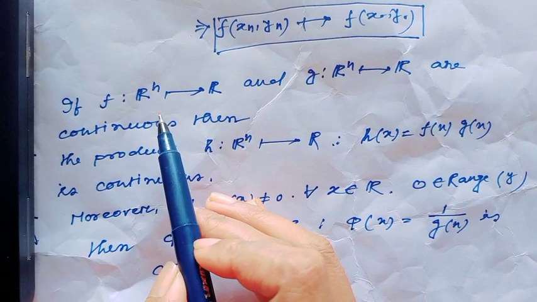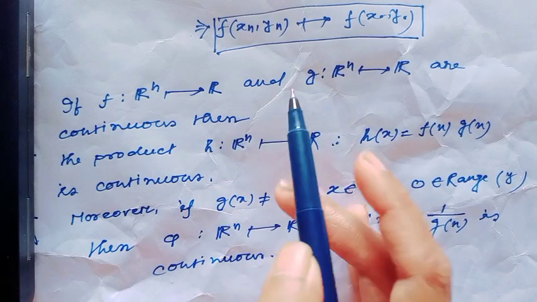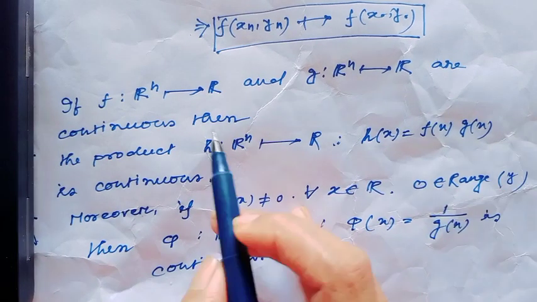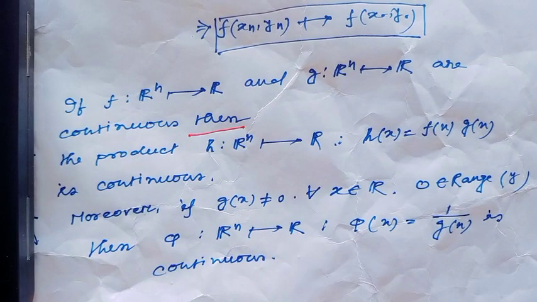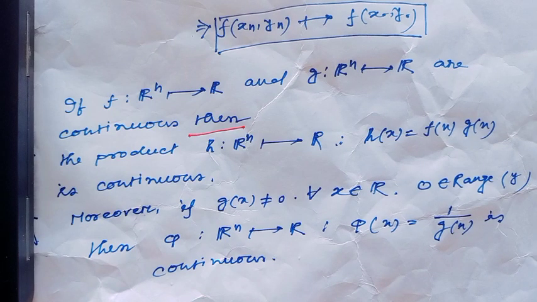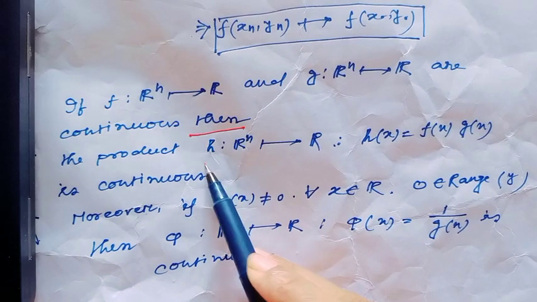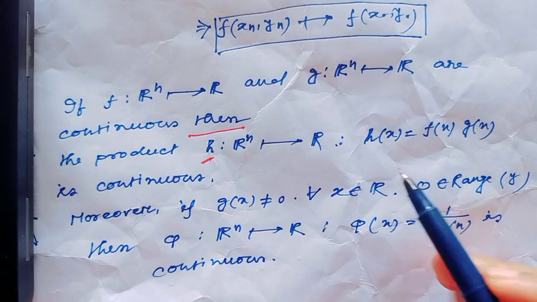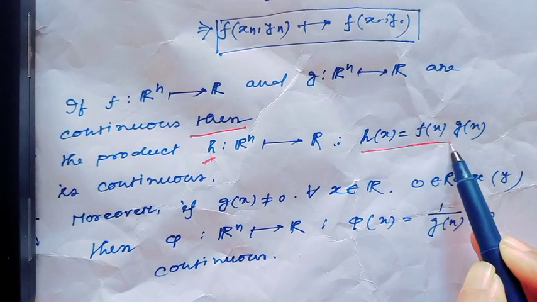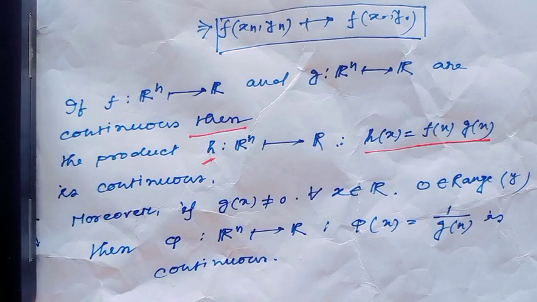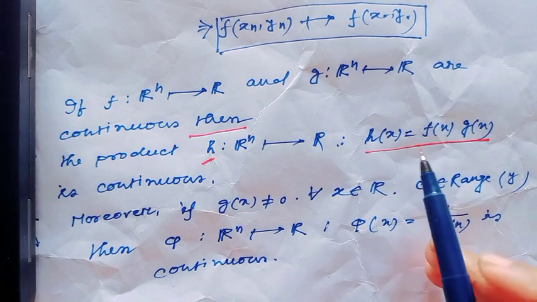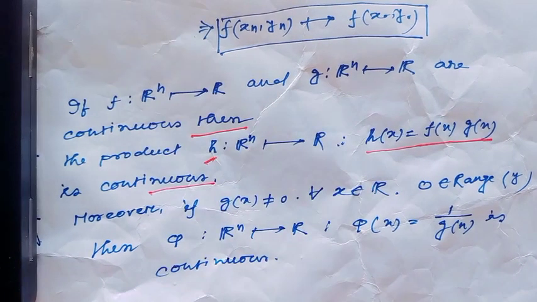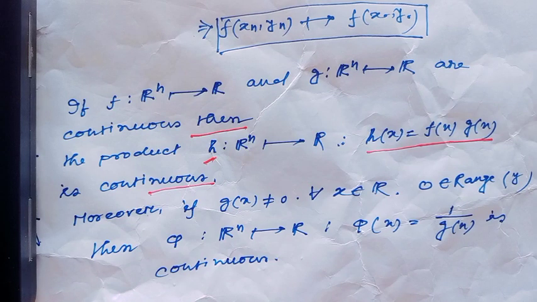The question is: f from Rⁿ to R and g from Rⁿ to R, both are continuous functions. Consider their product defined as the new function h from Rⁿ to R such that h of x equals f of x times g of x, where f and g are both continuous functions. We have to prove this h of x is a continuous function. Try to answer.